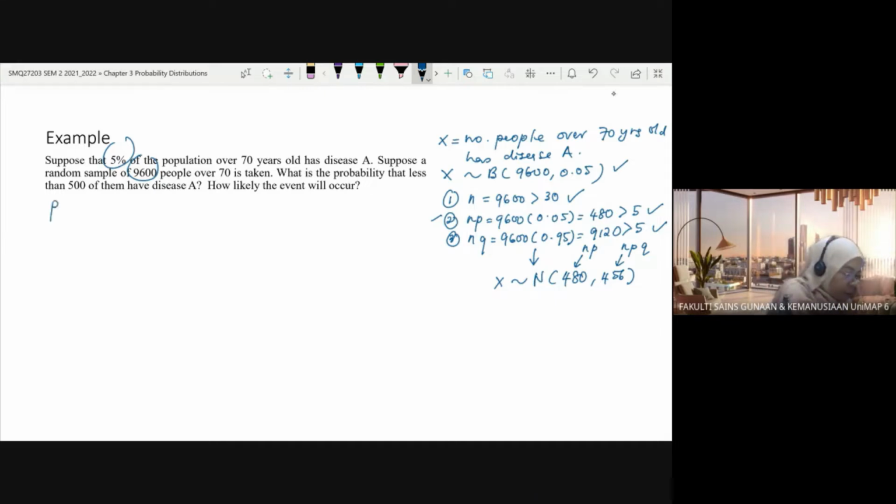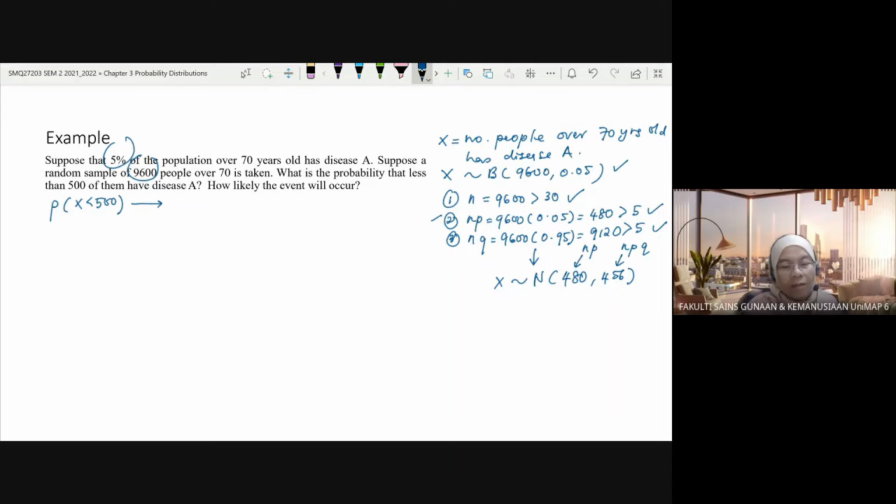So it will be P(X < 500) have disease A, and we know that this is a problem of a normal approximation from binomial. We know that binomial is a discrete probability distribution, and you approximate it using the continuous probability distribution.